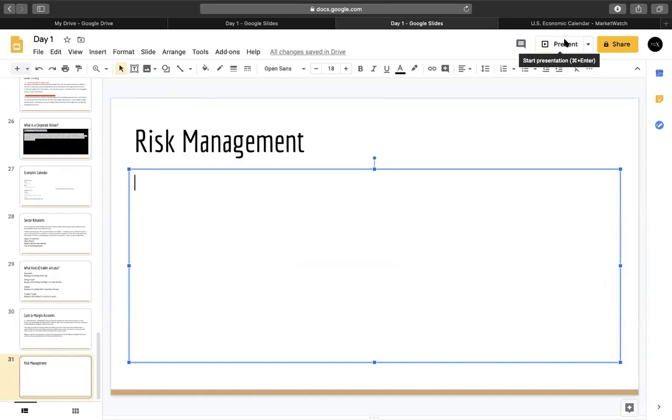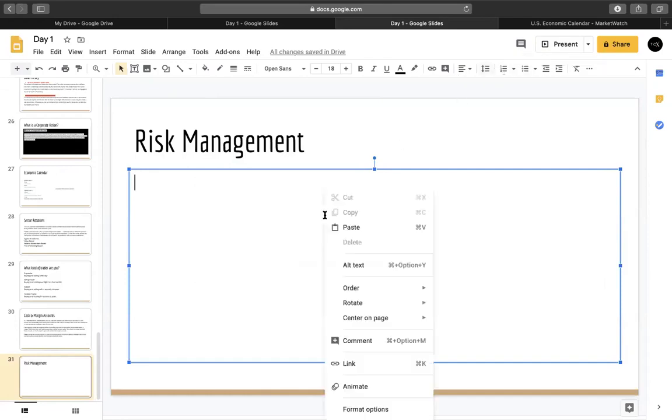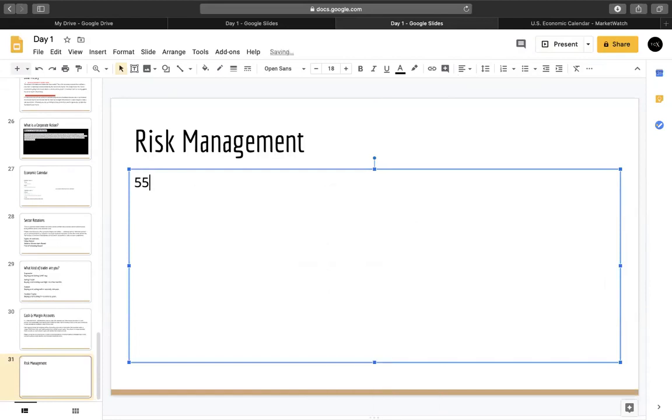Let's do 5,000 as an example. A $5,000 account. Should this be a cash or margin? Cash, okay? Should be a cash account.